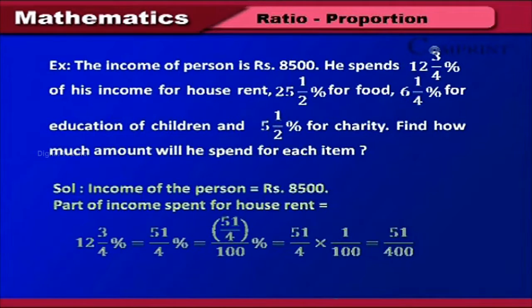He spends 12 3/4% of his income for house rent, 25 1/2% for food, 6 1/4% for education of children, and 5 1/2% for charity. Find how much amount he will spend for each item.